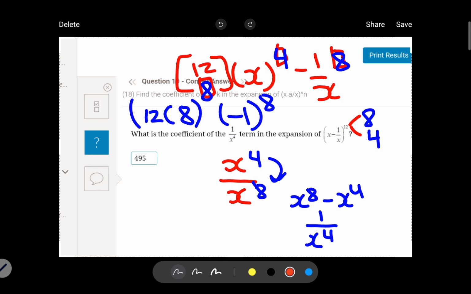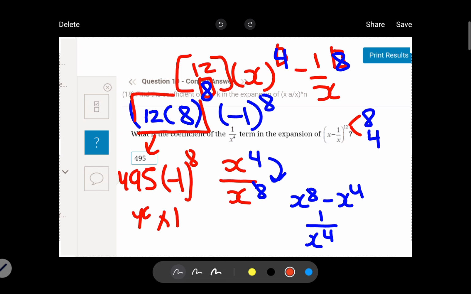When you put this on the calculator, you will get 495, and then (-1) to the power of 8 is actually 1, so 495 times 1 is 495.